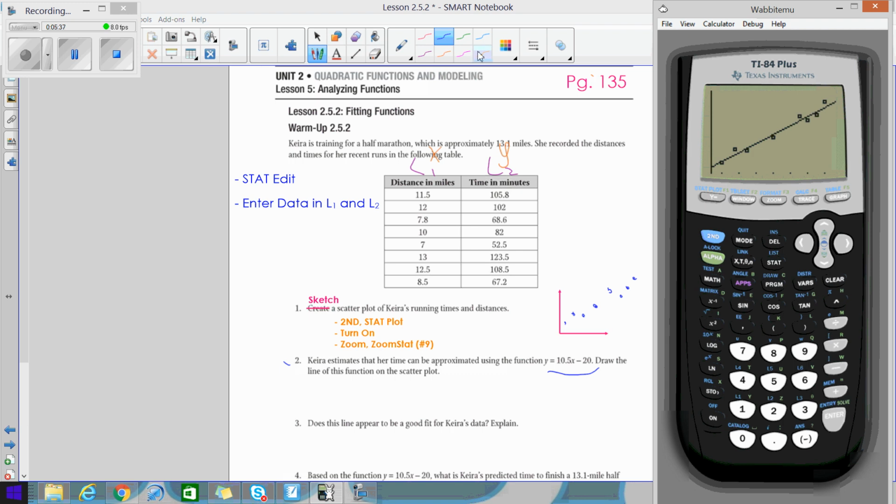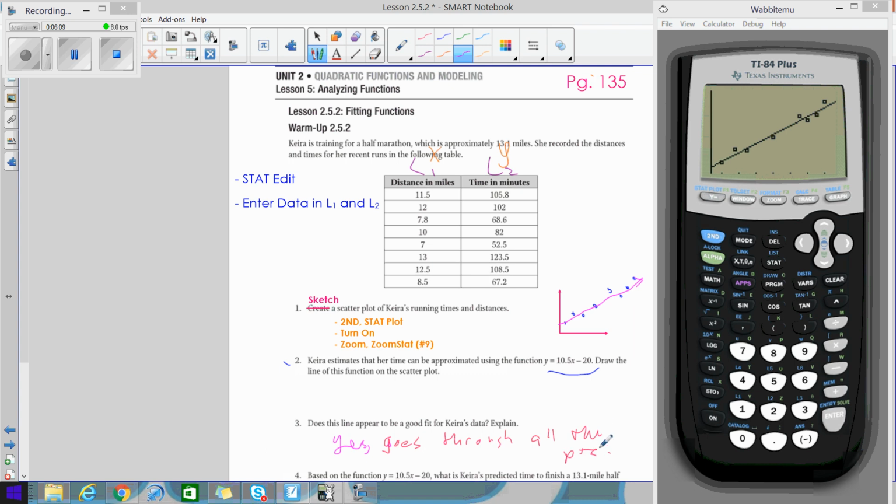Now look at that. Now, you guys have actually had tons of practice working with lines of best fit in Math 1. So if you look at that, is that a good fit for her data? And we would say yes, because it kind of goes above and below all the points. It fits your data. It goes through all the points.